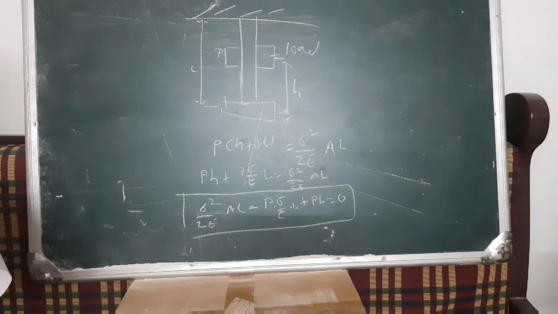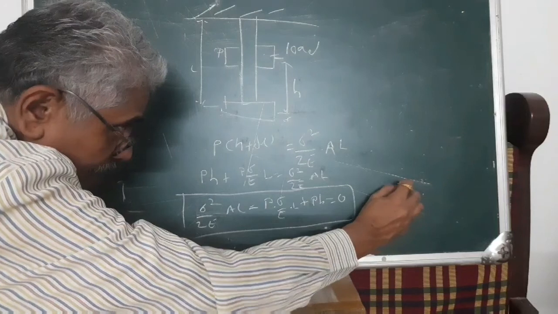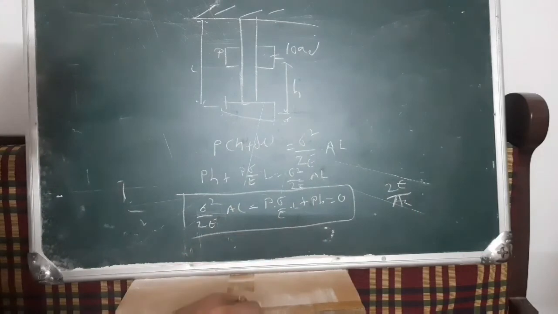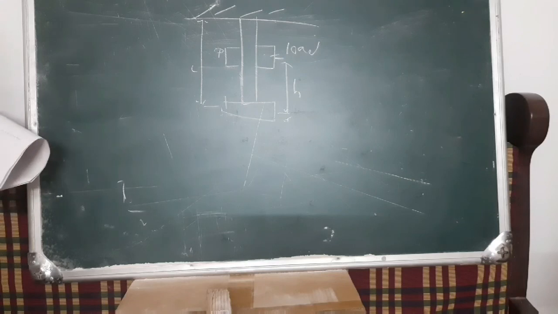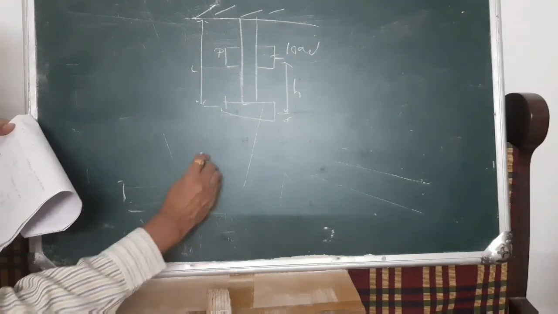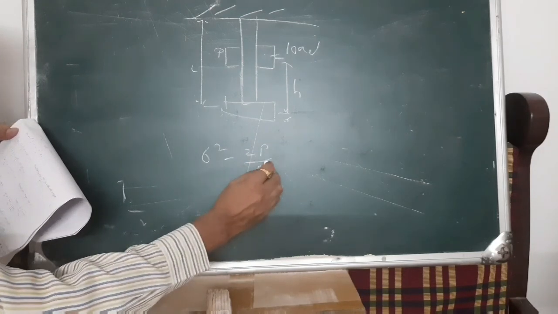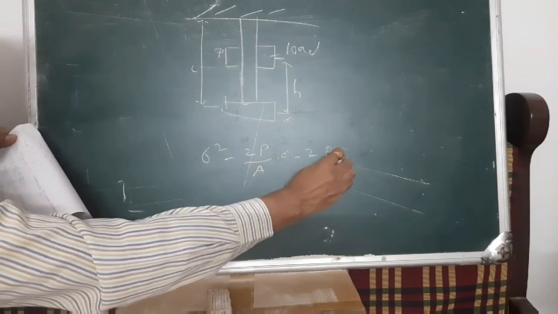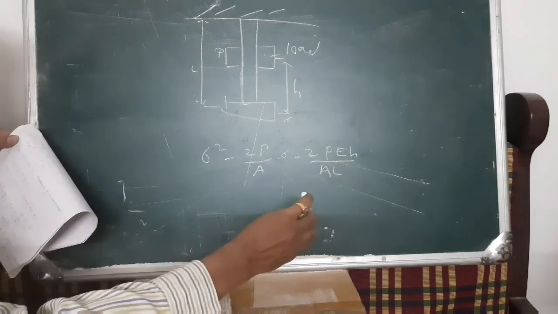So the equation that we get is sigma square minus 2P by A into sigma minus 2PEH divided by AL is equal to 0.